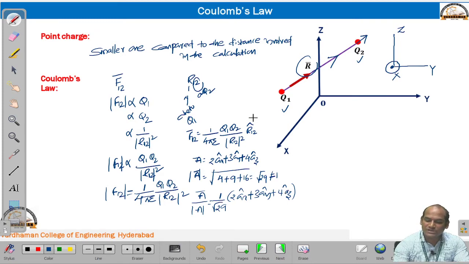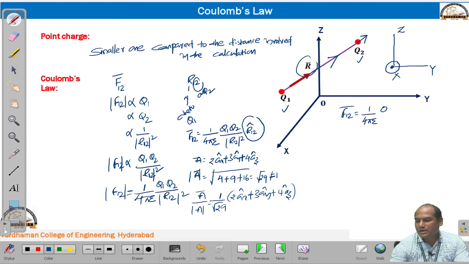Already in this force equation we have written a unit vector. So, that r12 cap can also be written as r12 bar by magnitude of r12, using this particular concept. So, the force equation can be remodified like this: F12 bar is equal to 1 by 4 pi epsilon q1 q2 by magnitude of r12 square.